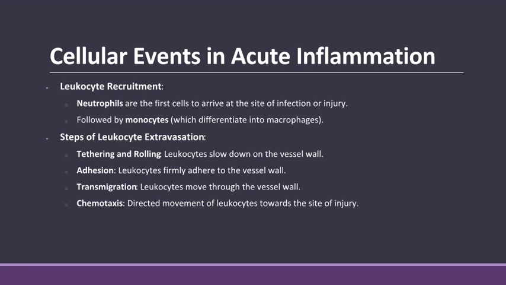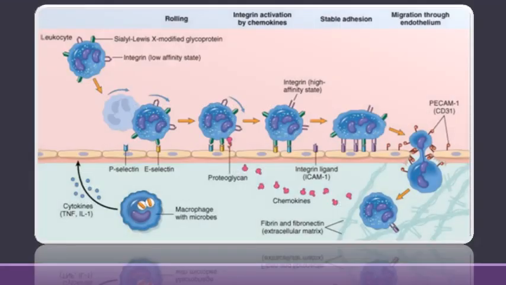Then transmigration occurs, which allows them to move through the vessel. And finally, chemotaxis guides them to the injury site using chemical gradients. This illustration helps visualize these steps for better understanding. Notice tethering and rolling, followed by adhesion, then transmigration, and finally chemotaxis.